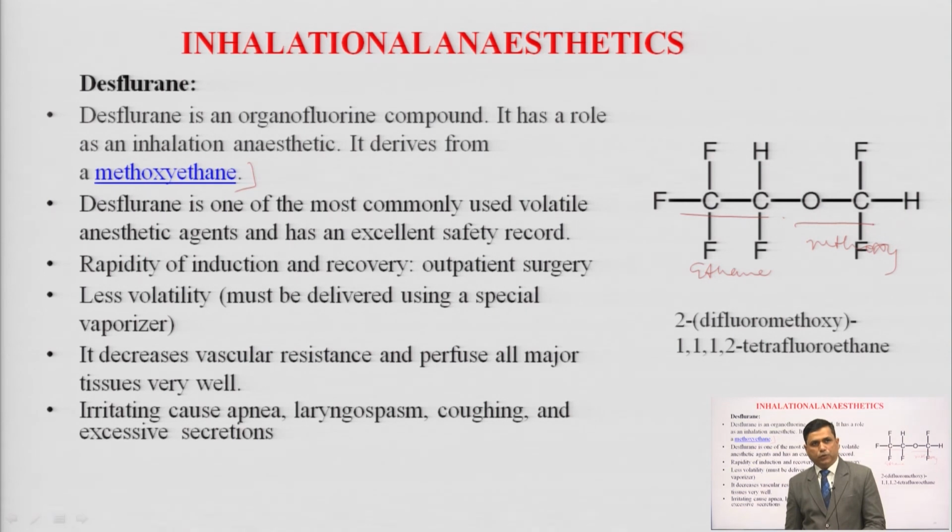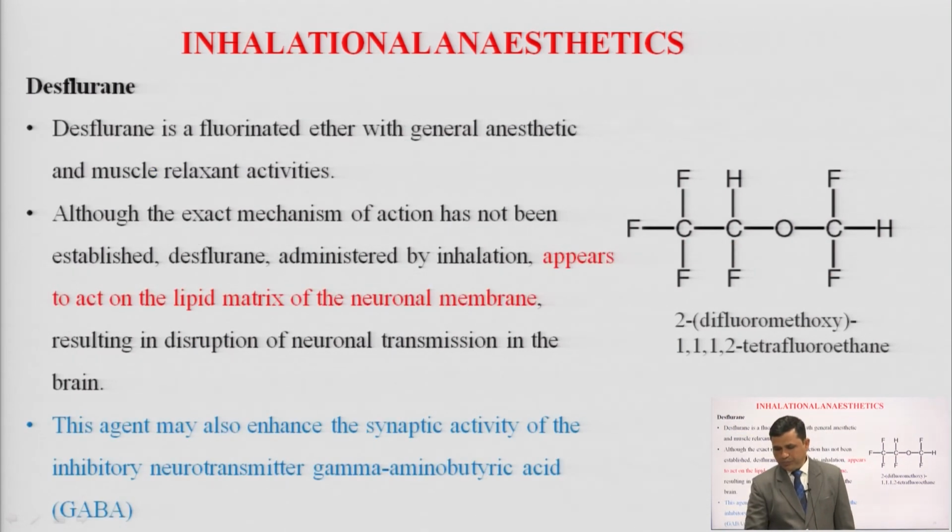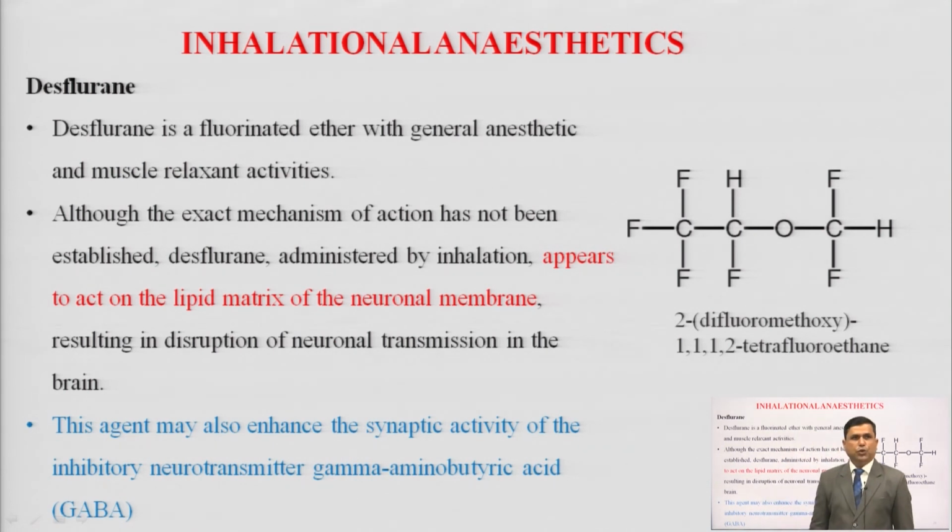It has low volatility, and it must be delivered using a special vaporizer. It decreases vascular resistance and perfuses all measured tissue very well. That is why desflurane is commonly used as a volatile anesthetic.